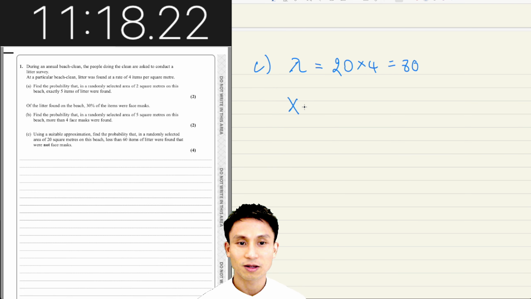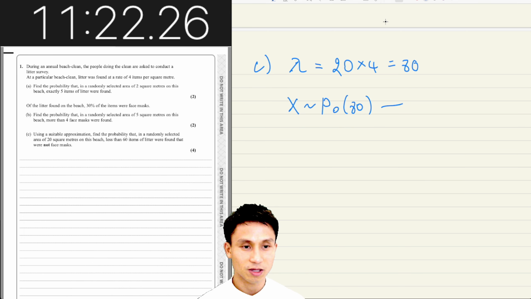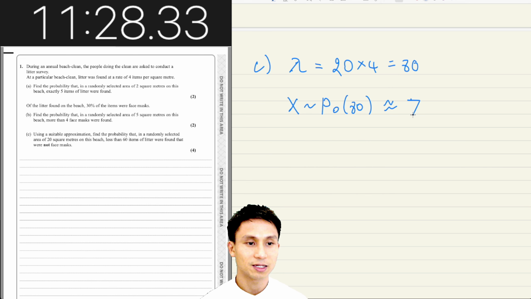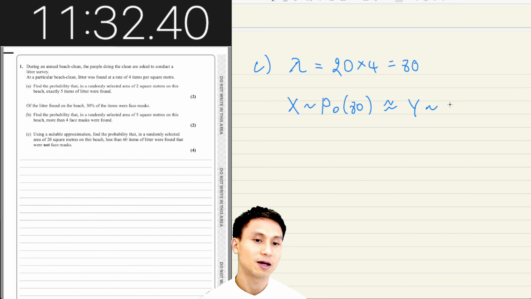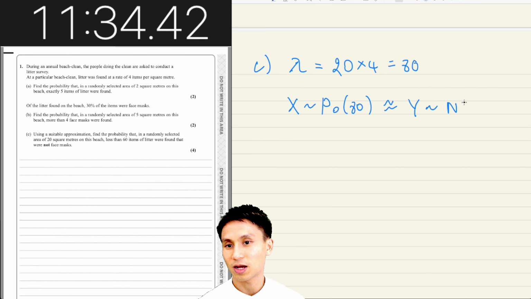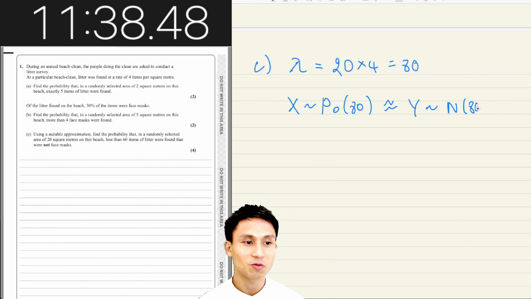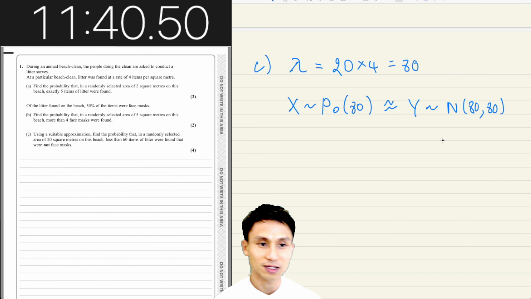So instead of X Poisson with 80, we're going to approximate that to, let's say a Z, maybe. No, not a Z. Maybe a Y. Normal distribution, right? Because that's the only way we can approximate. We don't have anything better than normal. And that would be mean 80, and variance would be 80.